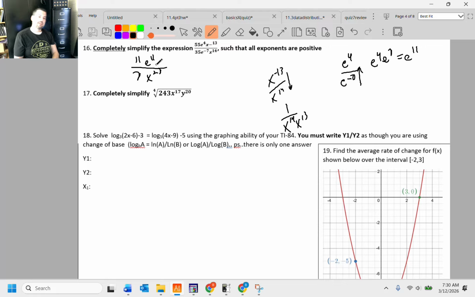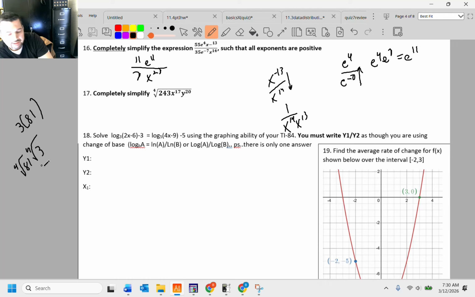Here we have a simplification. 243 does not have a fourth root. 243 is 3 times 81. So I'm thinking about the fourth root of 81 times the fourth root of 3. And the fourth root of 81 is a 3. So there's going to be a 3 outside of this thing.